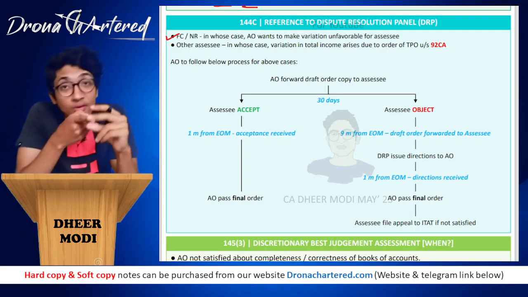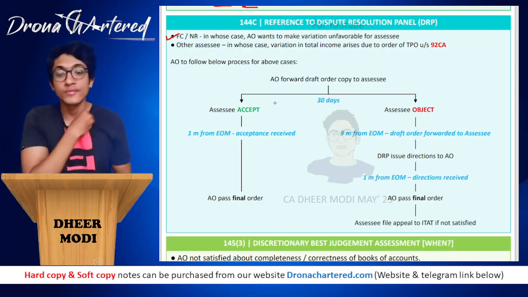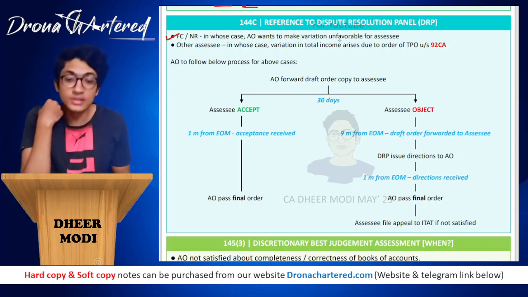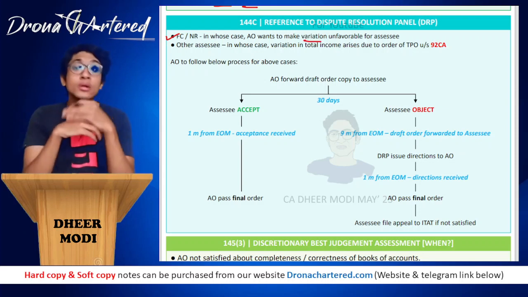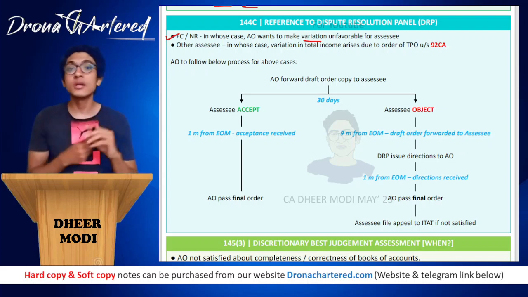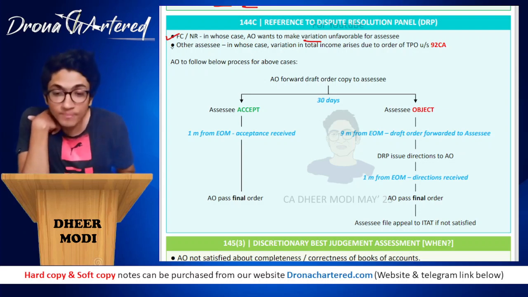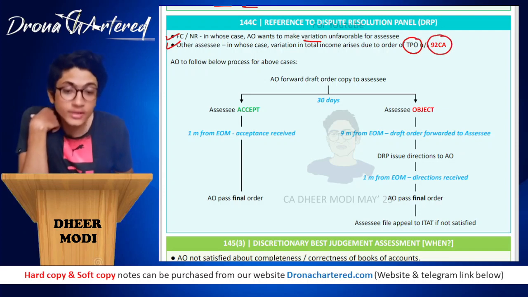So if it is a foreign company or a non-resident, and your assessing officer wants to make any variations which are unfavorable to the assessee, that means which are increasing his income, or say for example which are not giving him any deductions, or for other assessees in whose case variation in total income arises due to the order of the TPO under section 92CA.